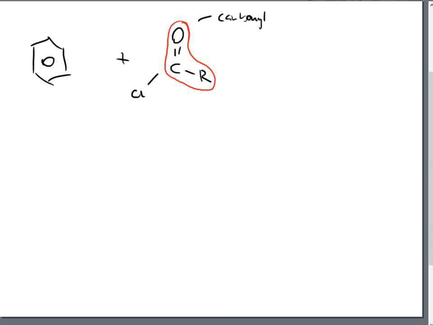If this is a pretty good leaving group, and if we can persuade this chlorine to bloop, take those electrons and away it goes, what do we have left? We have a carbon double bond O with an R that now has a bond that's missing.